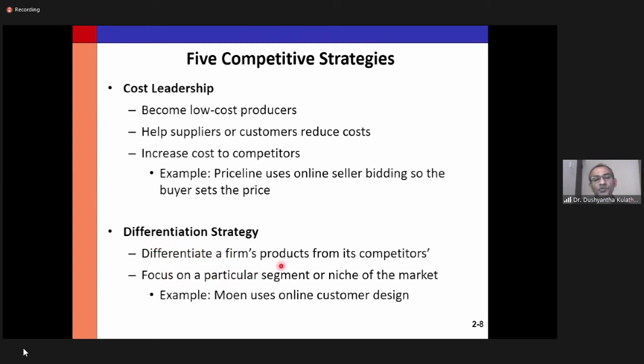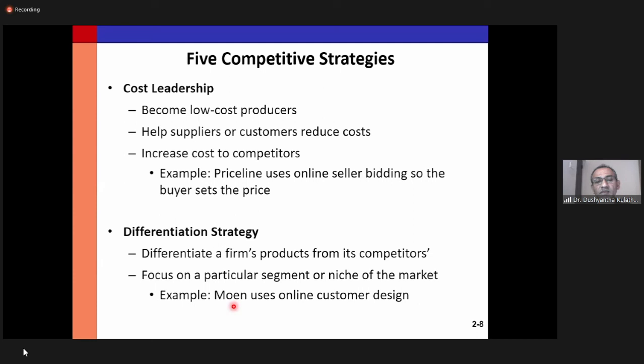And also focus on a particular market segment or a niche of the market. That is also identified under differentiation. The example given here is Moen.com. That is also an online company. Moen.com uses online customer design. Now, Moen is a company involved in selling bathroom fittings and kitchen fixtures. Usually when you buy bathroom fittings, you buy standard items.